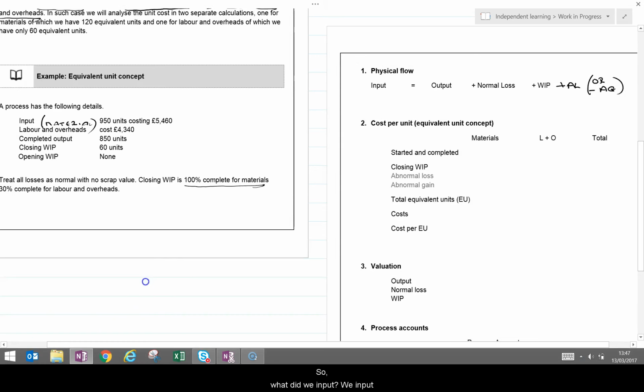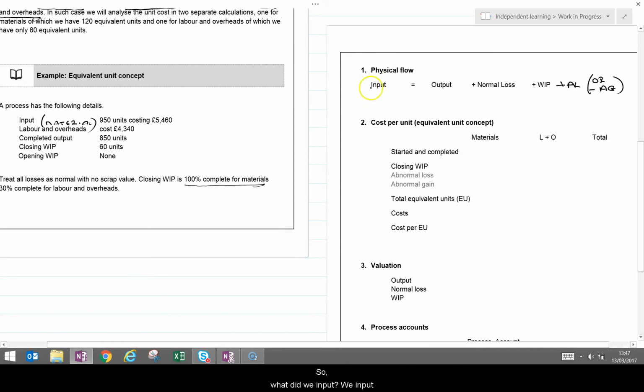So what did we input? We input 950 kilos. Sorry, 950 units. Our output was 850. Our work in progress was 60. We know there's no abnormal losses or gains.